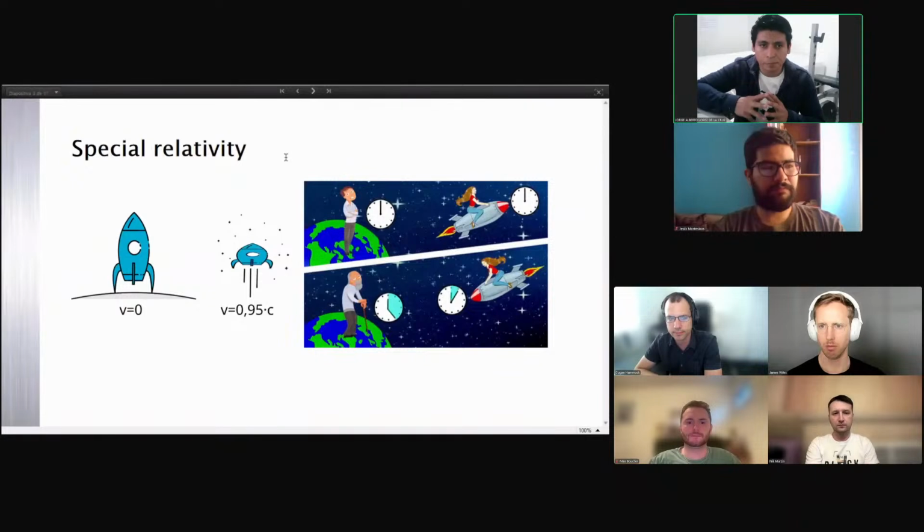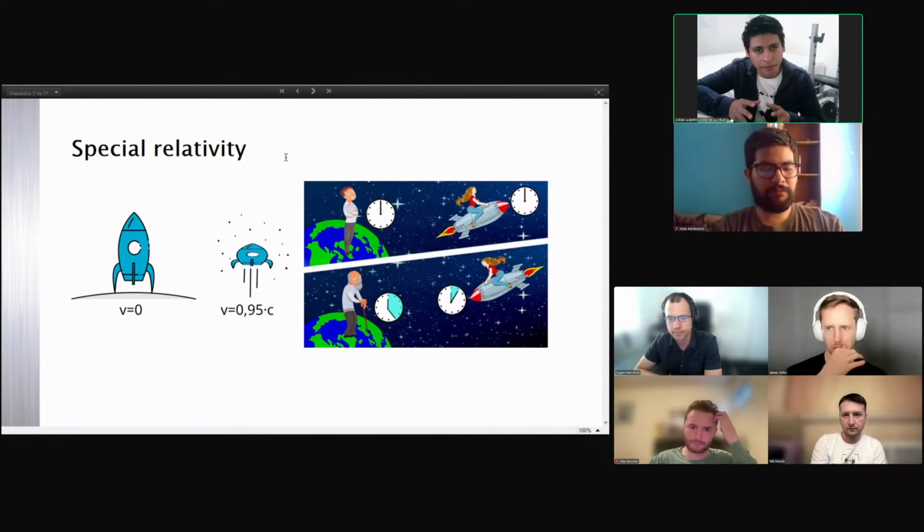First, special relativity. This is the theory that explains the movement of bodies at high velocities, at velocities close to the speed of light.